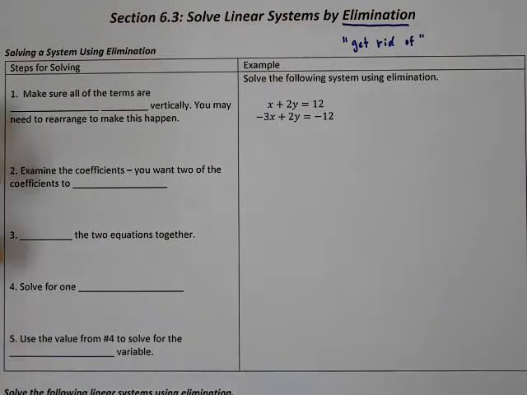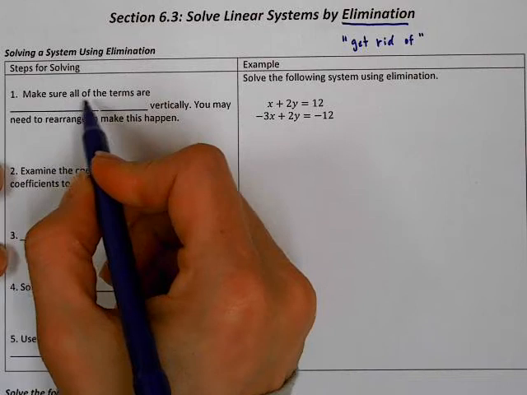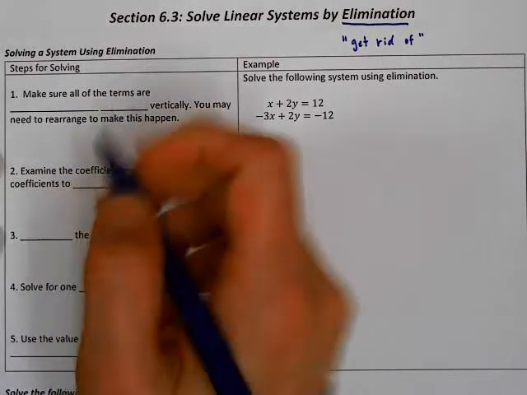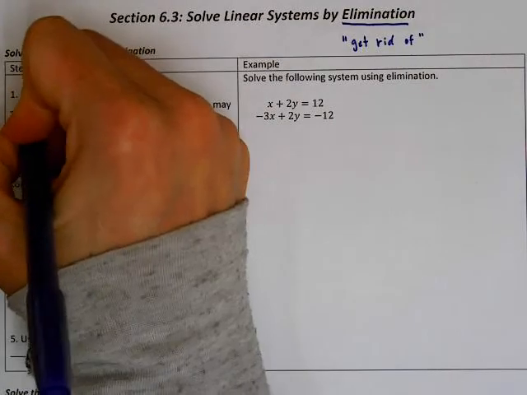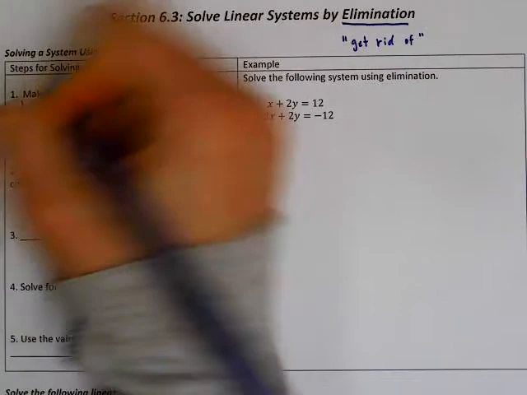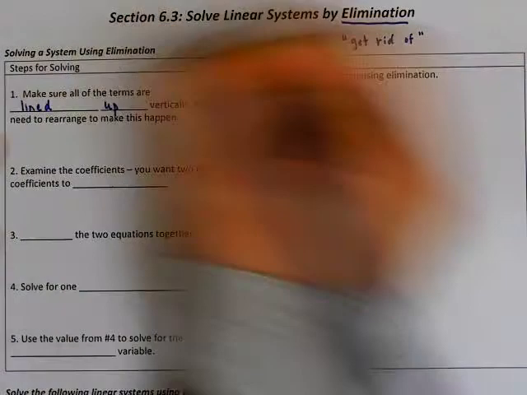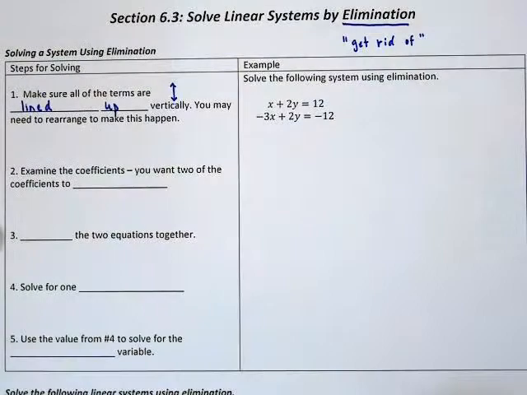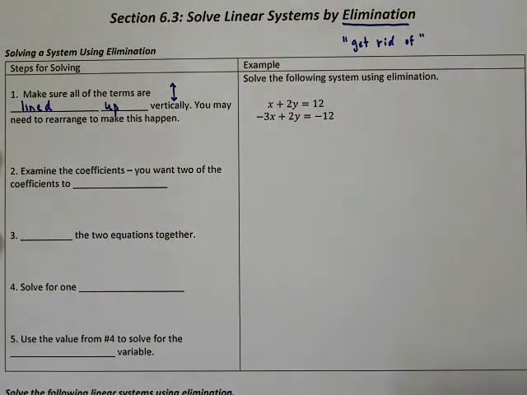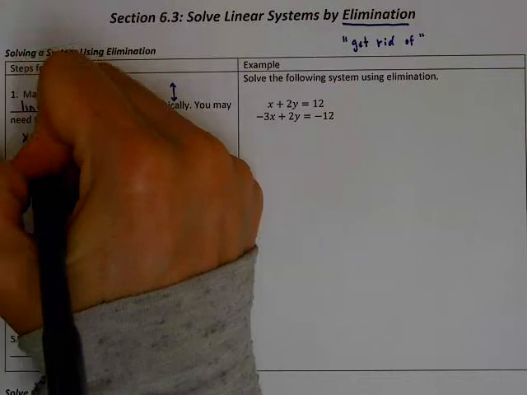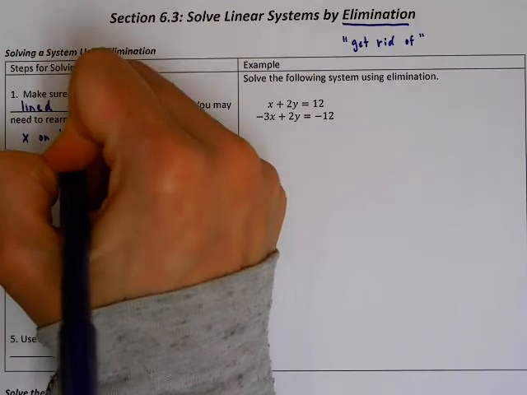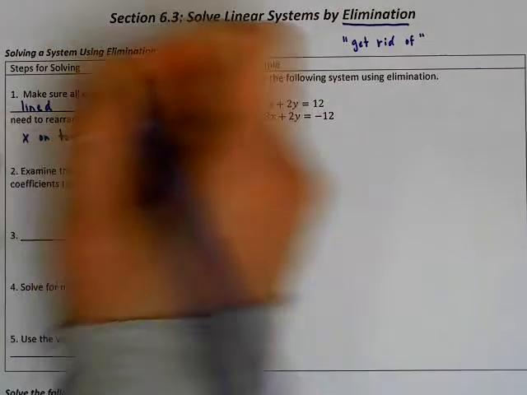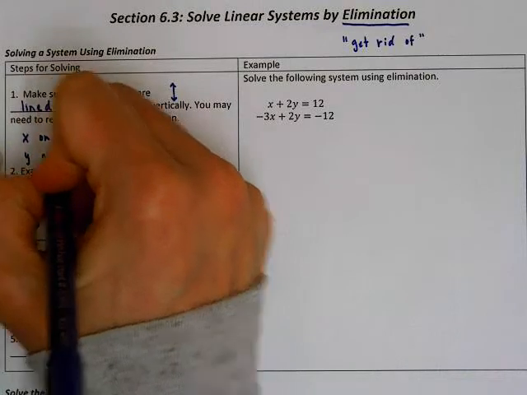The first thing we're going to do is make sure that all of the terms are lined up vertically. Remember, vertically we're thinking up and down. So x should be on top of x and y should be on top of y.